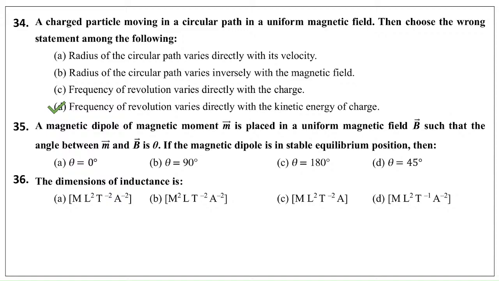If the magnetic dipole is in stable equilibrium position, then. Answer is A. Theta is equal to 0 degree. Next. 36. The dimensions of inductance is. Answer is A. M, L square, T to the power minus 2, A to the power minus 2.